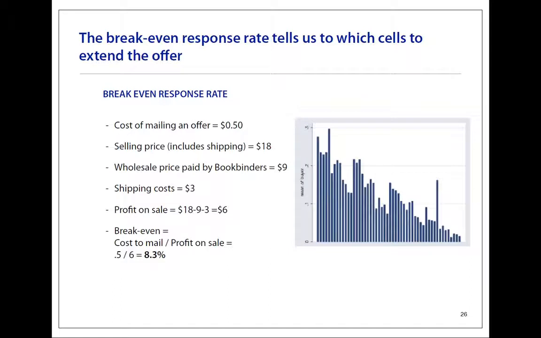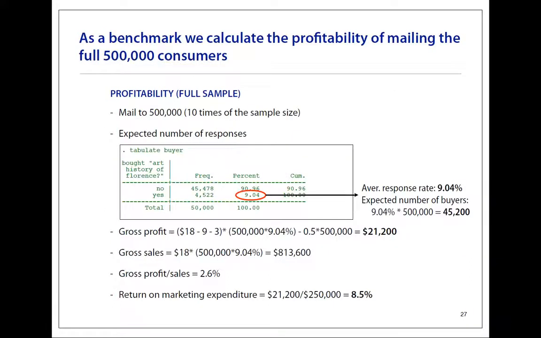So how do we decide to whom we should target? Before we get to that, let's first take a look at here. This is the baseline, the benchmark. If we don't do any targeting, we just send this offer to everybody in the remaining 500,000 customers, how much can we make?